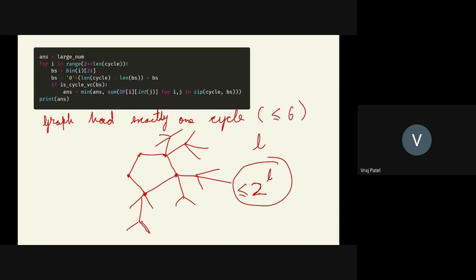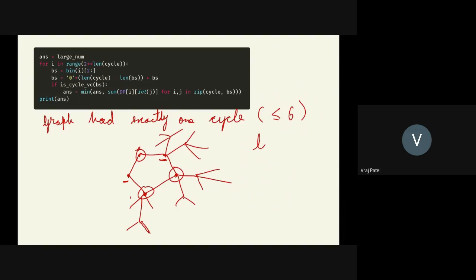So you just iterate over all of these possibilities. Suppose I am given that the vertex cover is covering this cycle like this. Then I know that in my vertex cover, this vertex will be a part of it, this vertex will be a part of it, this vertex will be a part of it, and these two will definitely not be part of it.